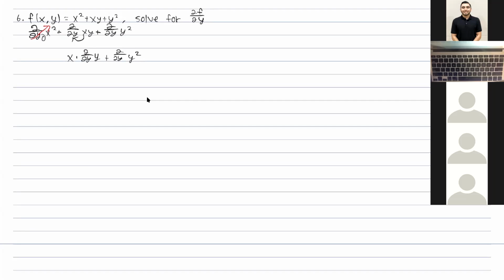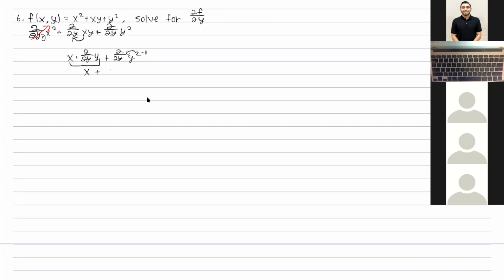Now, you guys remember the derivative of any variable with a power of 1 is just going to be 1. So we're going to be left with x right here. And then simple power rule: partial derivative of y squared. You bring down that exponent, and your new power is going to be the previous one, subtract 1.